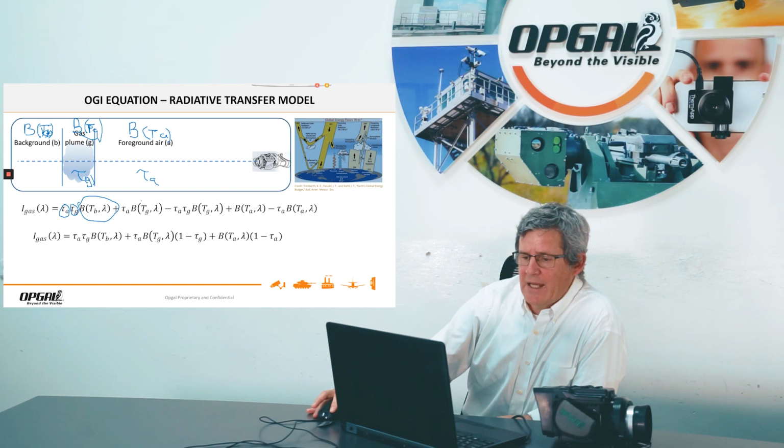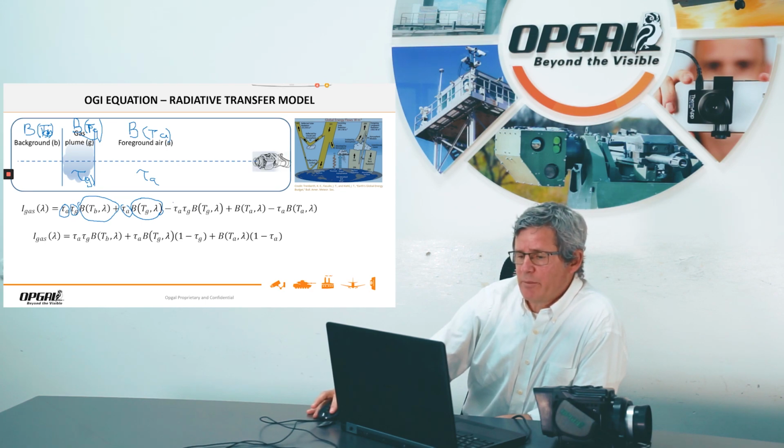This is the gas layer transmission, and this is the emission as the Planck function with the temperature of the gas, but it needs to go through the air on its way to the camera, so we need to multiply by the transmission of the foreground air layer.